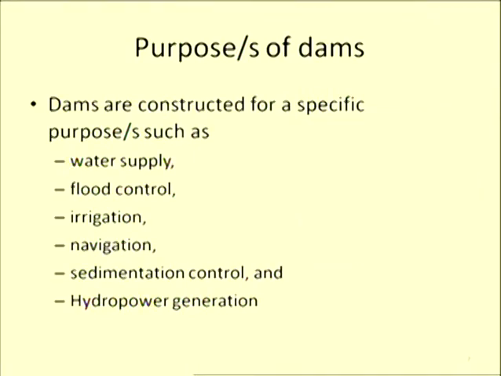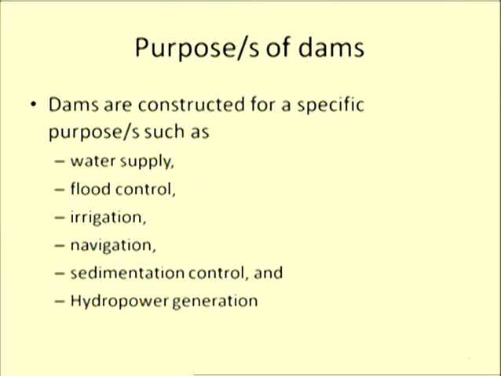This is one important purpose, because water may not be available during the non-monsoon season to the towns or villages, and a water body is not available nearby. So we create a barrier, impound water, and transfer this water through pipelines or canals. That is called conveyance of water from the dam to a particular site where water is required. So a dam is constructed for water supply.